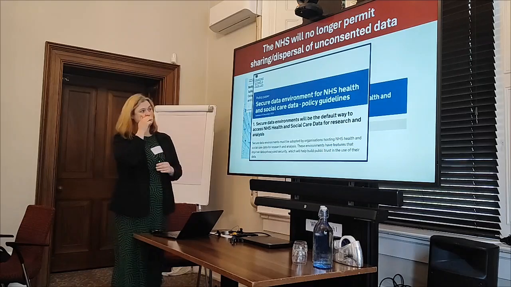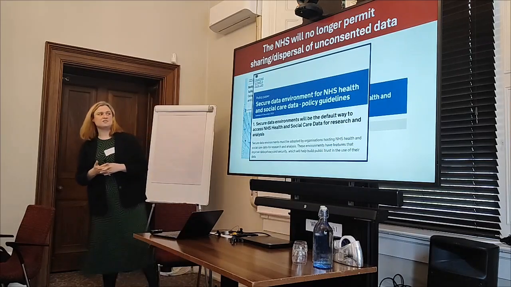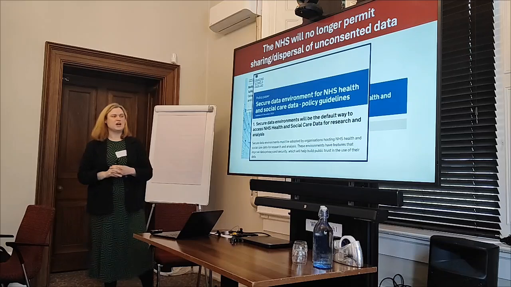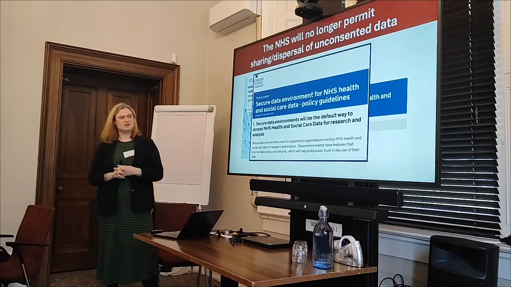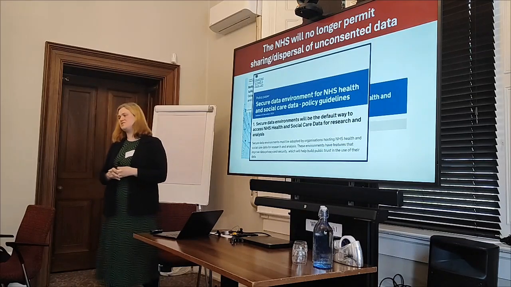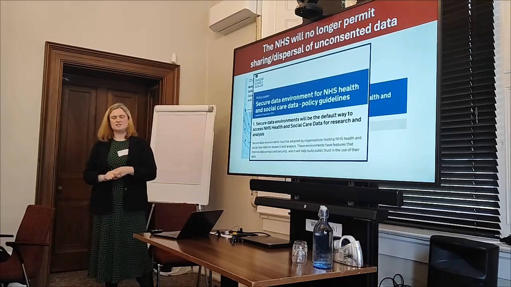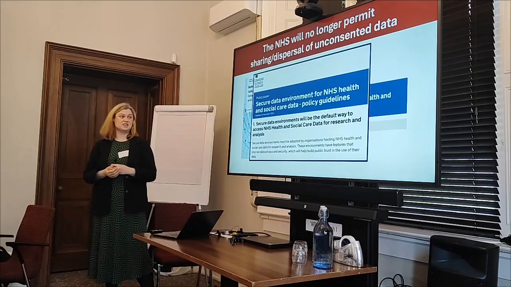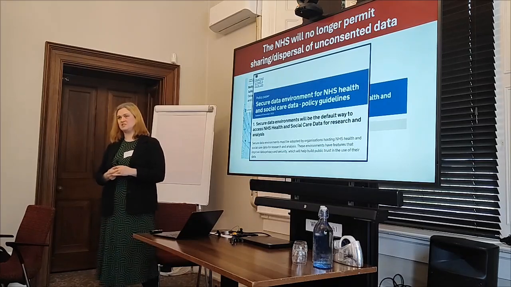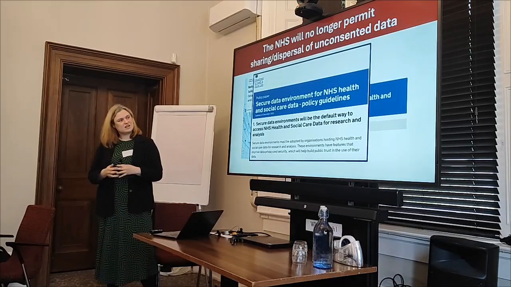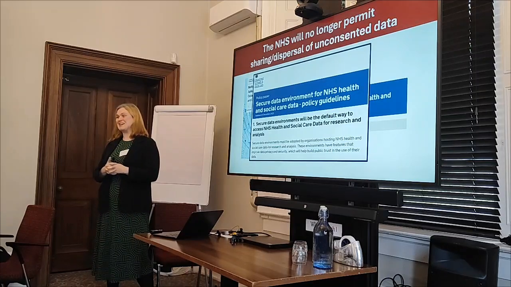In 2022, the Department for Health and Social Care came out with a statement stating that secure data environments will be the default way NHS health and social care data will be analysed for research. This means it will be expected that if you are doing an analysis or a project using hospital data, and this can be structured and unstructured data, primary care or social care data, you will use a secure data environment to conduct your analysis, which has a lot of implications in terms of what we do now.